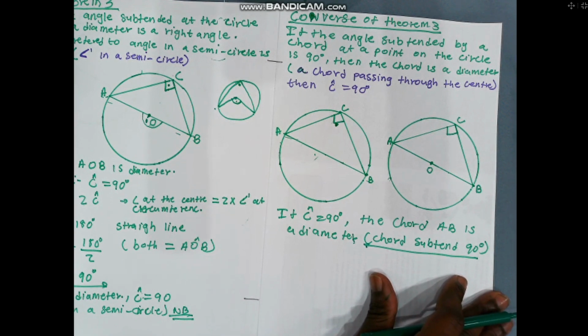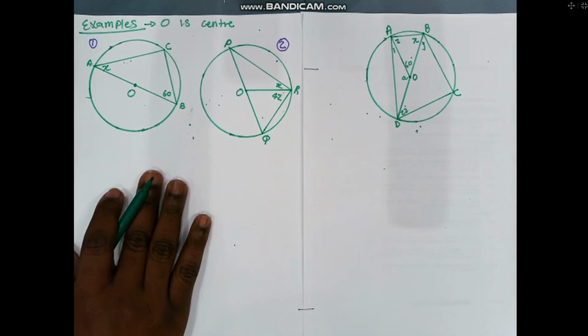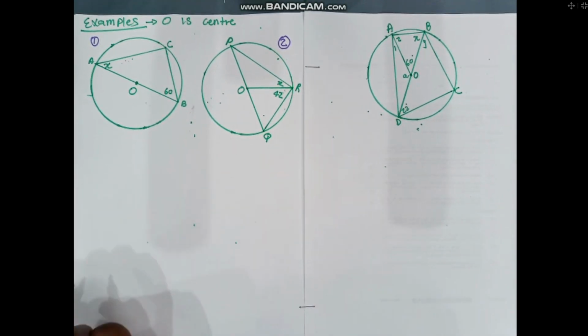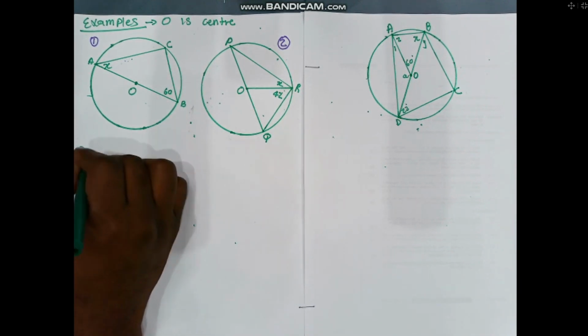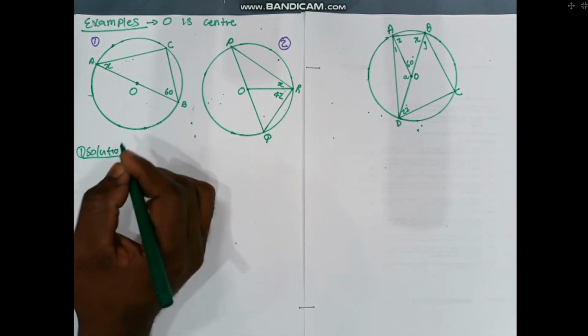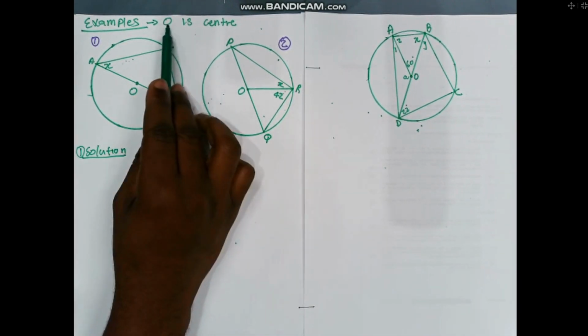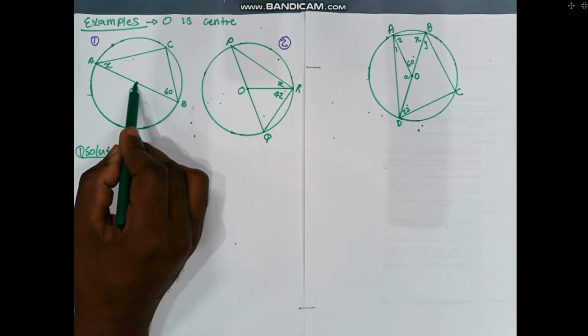We're just going to do examples now to explain this theorem a little bit more. Okay guys, example number 1 here. Solution. What is it saying? It's saying O is a center. So O now is a center.